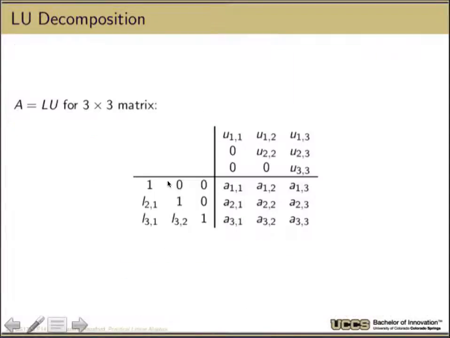So for a simple 3x3 matrix, we can see in general, if I take U11, U12, U13, the rest of the elements of an upper triangular matrix, and I take this lower triangular matrix, when I multiply these out, I'm taking this row times this column. That gives me U11 is A11. In the next row, L21 times U11 gives me A21.